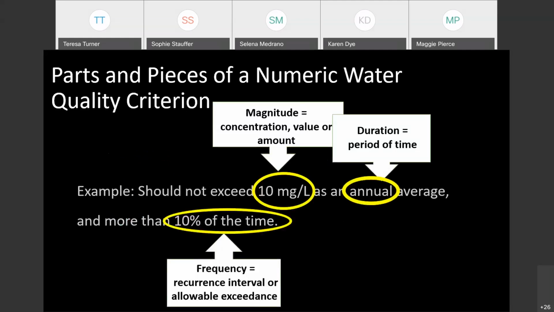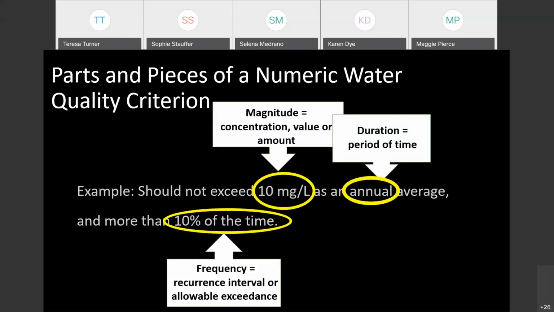We often talk about numeric water quality criteria being broken into three components: magnitude, duration, and frequency. This example reads, should not exceed 10 milligrams per liter as an annual average more than 10% of the time. So in this example, the 10 milligrams per liter is the magnitude. It's that concentration. It's not always a concentration.